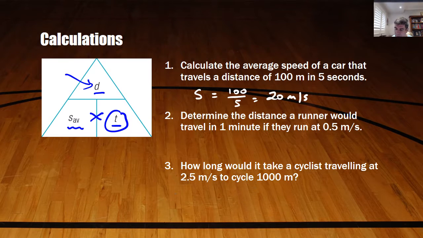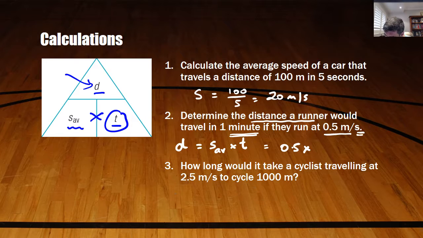If we need to determine the distance that a runner would travel in 1 minute if they ran at 0.5 meters per second, then we rearrange our equation to give us the distance being equal to the average speed multiplied by the time. So if the average speed is 0.5 and they travel for 1 minute, notice that we have a minute and we have per second here.